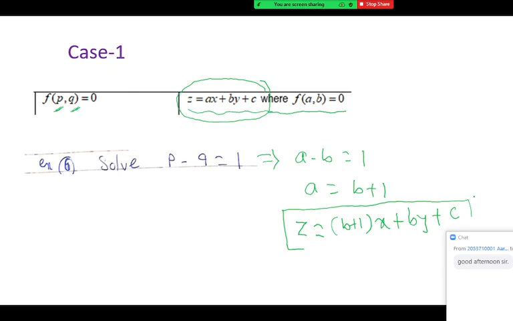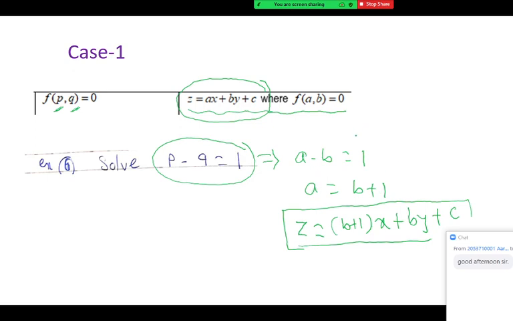This is the solution of the given partial differential equation. Or you can also cross check the reverse way: if you calculate dou z by dou x and dou z by dou y, you will get p minus q equal to 1, the corresponding differential equation. Right now, I obtained the value of a in terms of b.